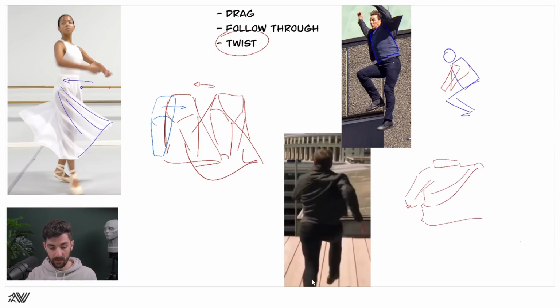And so the other side of the jacket, you can see that the loose ends of the jacket are still following through or dragging behind. It's one of the two, right? But because it's a perpetual motion, all of these principles are happening at the same time.